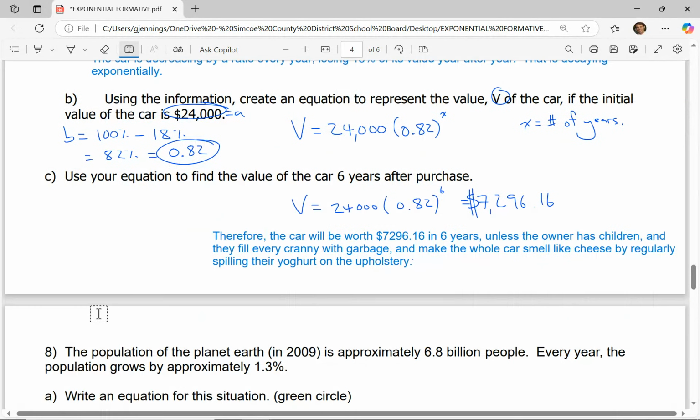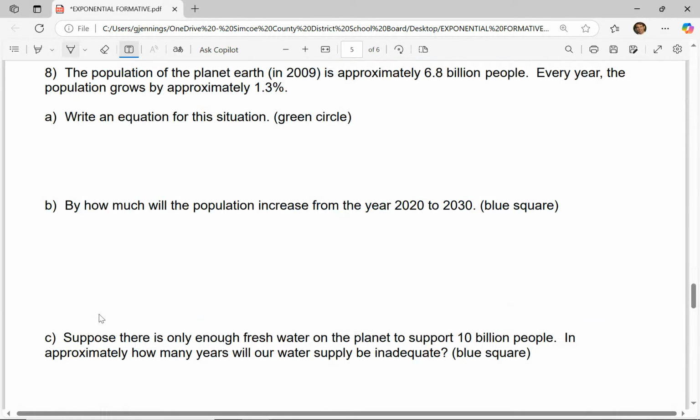All right. So let's go. We've got the population in 2009, approximately 6.8 billion people. The population is growing by 1.3%. So this is our A value. This is our B value, equal to 1 plus 0.013, which is equal to 1.013.